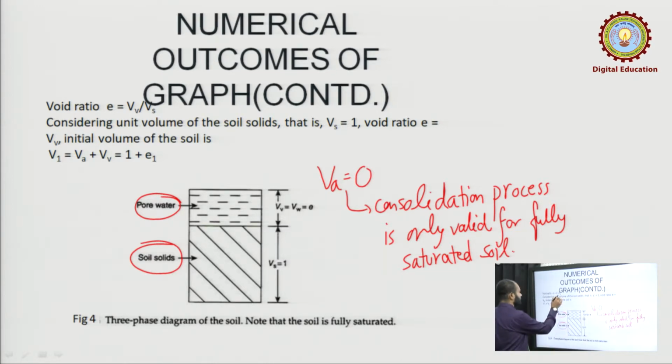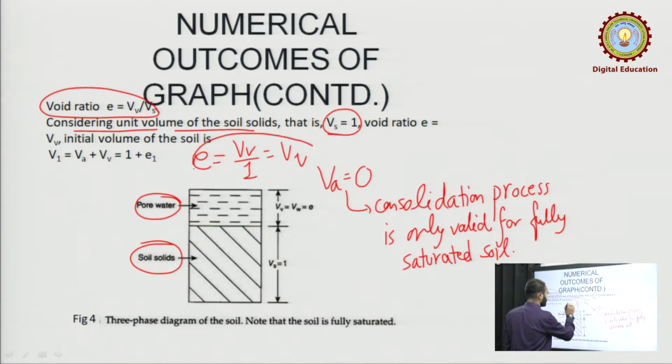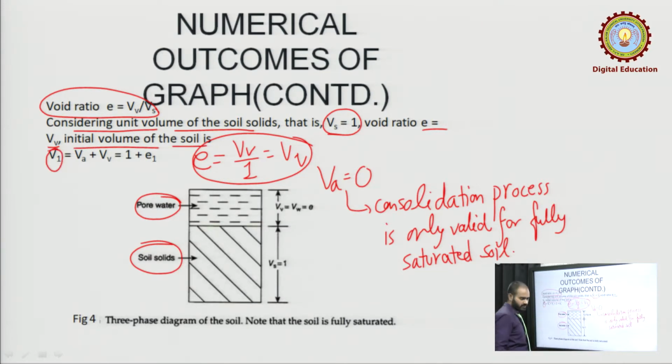Now, you can see this is the void ratio, you already know the formula. Considering the volume of the soil solids Vs being 1, what will we get? e is equal to Vv by 1, so this becomes Vv only. So, e is equal to Vv. Now, the initial volume of the soil was V1, the original volume we talked about.